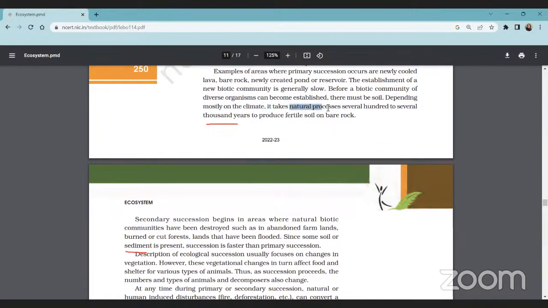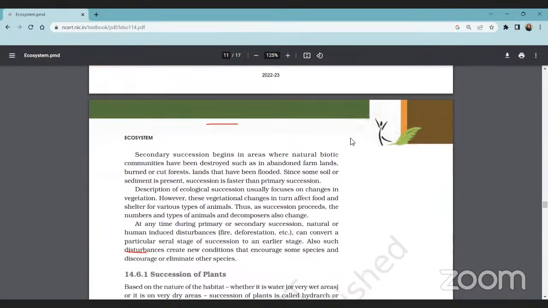It takes natural processes several hundred to several thousand years to produce fertile soil on bare rock. Rocks are weathered into small stones, and after many thousands of years they produce fertile soil in that area.